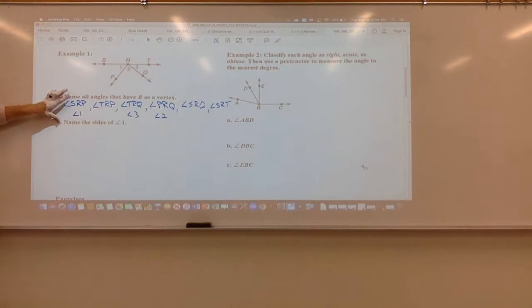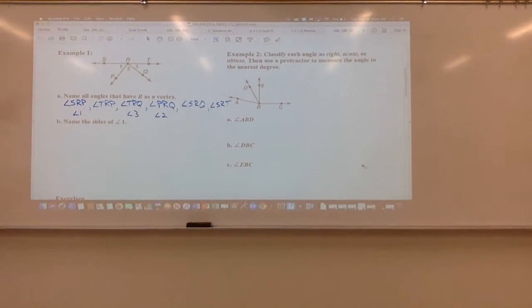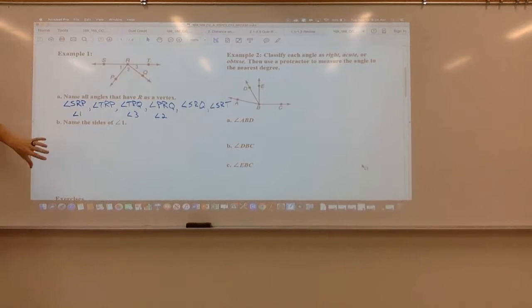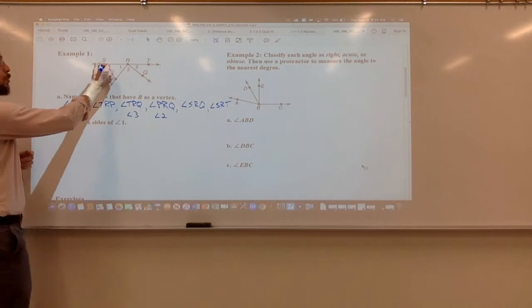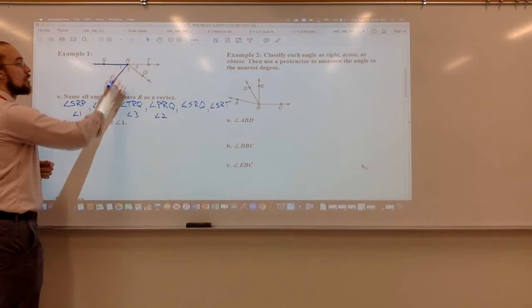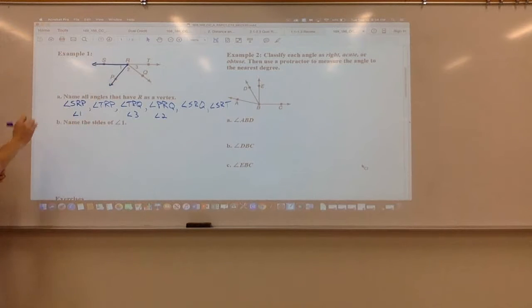All right, so are we okay with naming angles up here? Yes. All right, so then in B here, we want to name the sides of angle 1. Okay, so angle 1 is up here. How would I name the 2 sides of this angle?